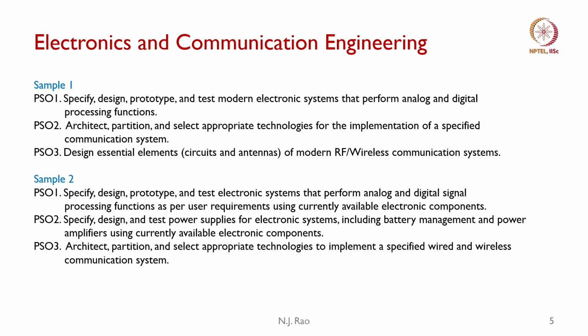That is what is used in the market, or you can say what the industry uses now. And then we are also putting another PSO related to electronics: specify, design and test power supplies for electronic systems including battery management and power amplifiers using currently available electronic components. Once again, the focus is on electronic components.